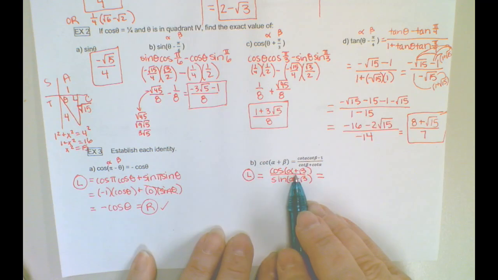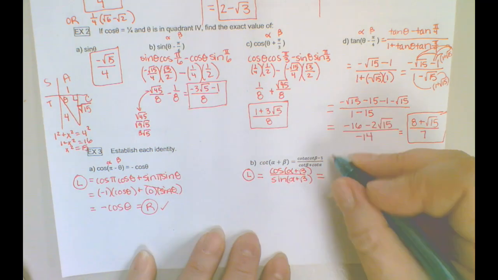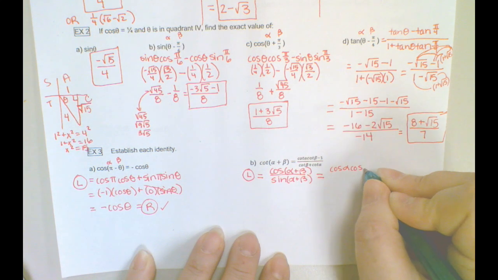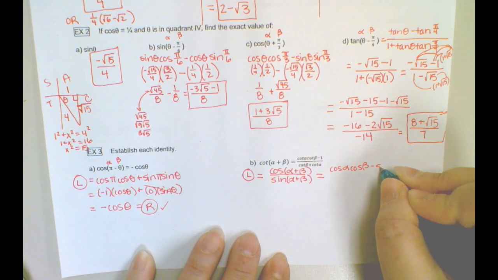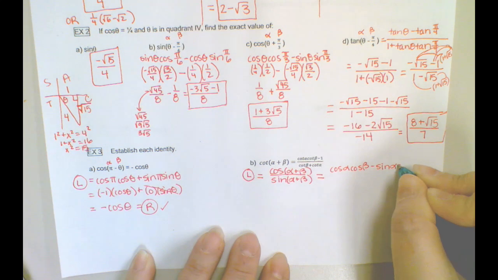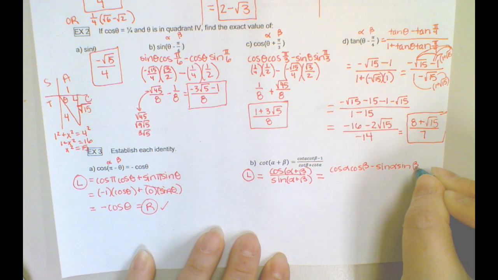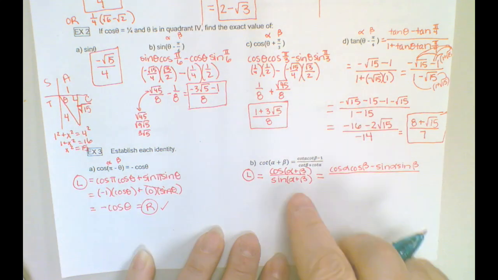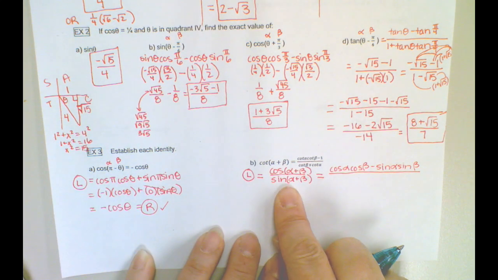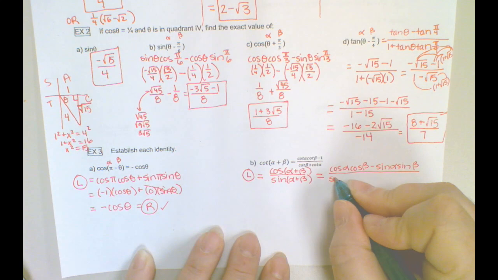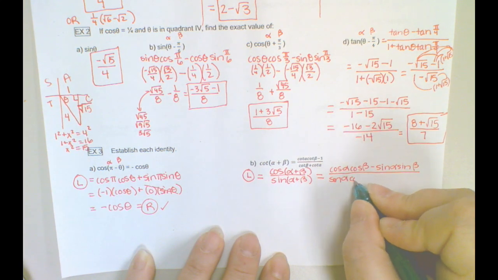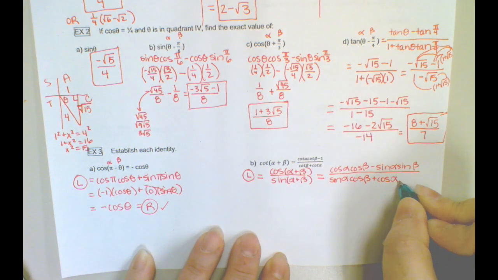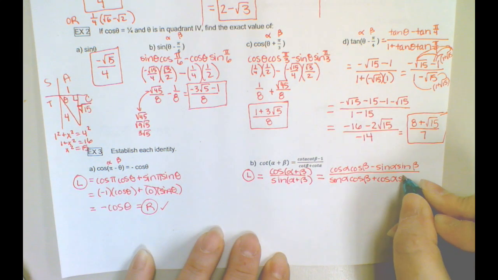So cosine sum identity says cosine alpha cosine beta minus sine alpha sine beta. And on the bottom, I have the sine sum, which is sine alpha cosine beta plus cosine alpha sine beta.